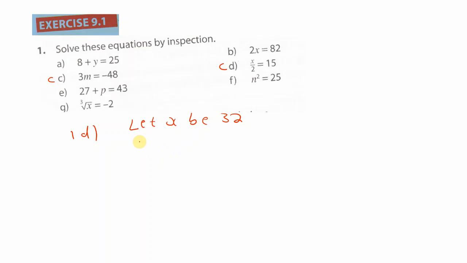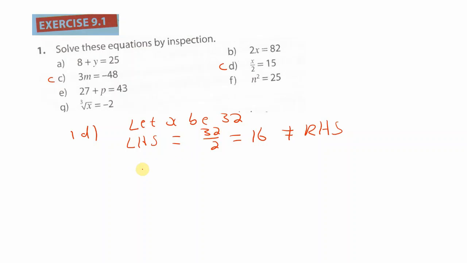So let's see. Left hand side is now 32 in the place of x. We divide by 2. It gives us an answer of 16, which is not equal to the right hand side, which is supposed to be 15. So our answer is too big, so x is too big.